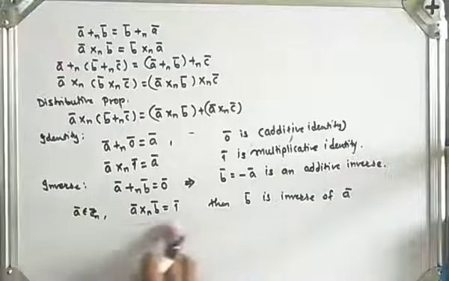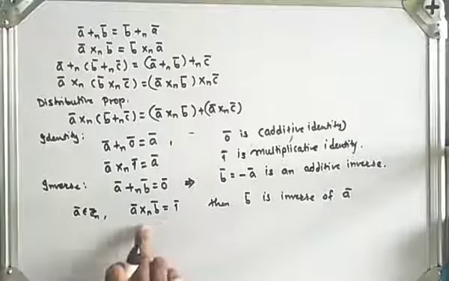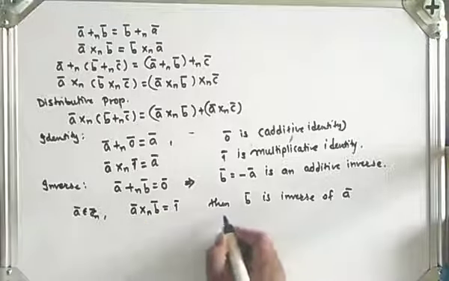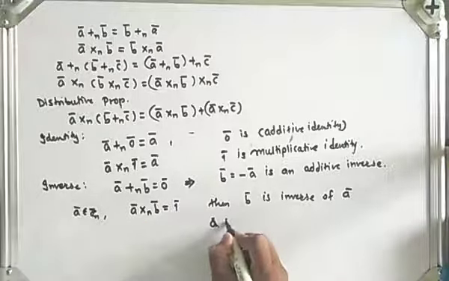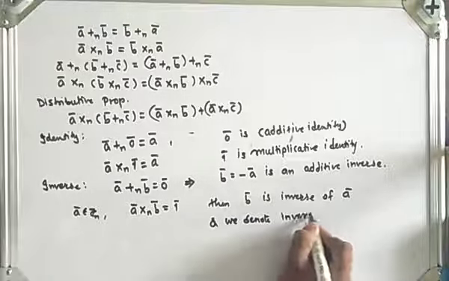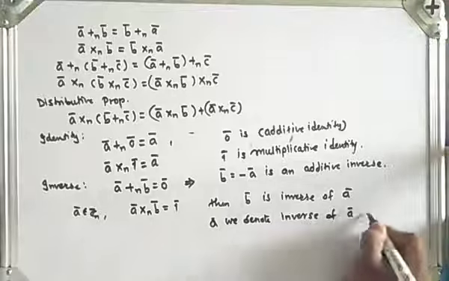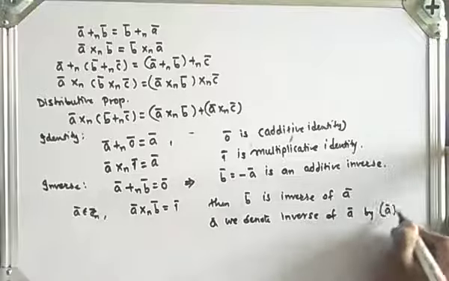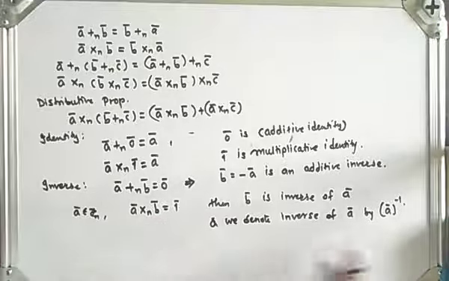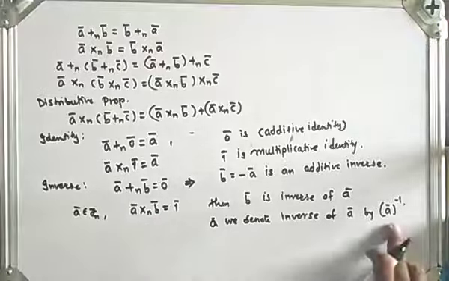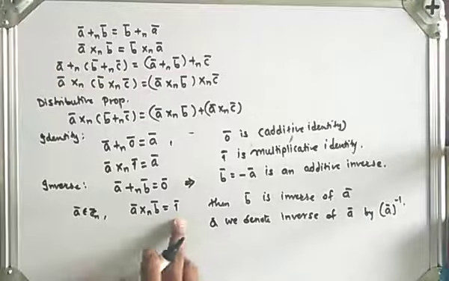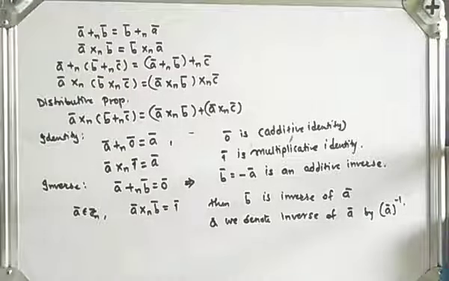The product of these two elements is 1, the identity element. We denote the inverse of a bar by a bar inverse, and we write it as a bar multiplication modulo n b bar is equal to 1 bar. So these are all the properties.